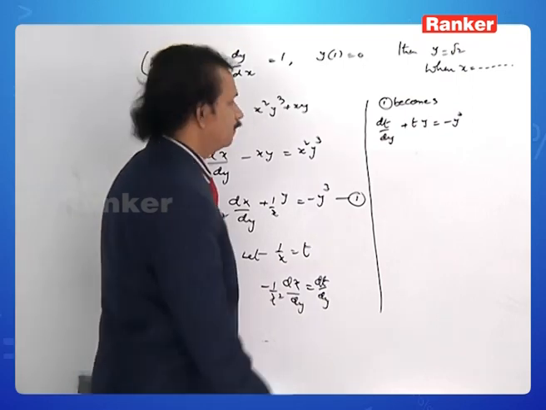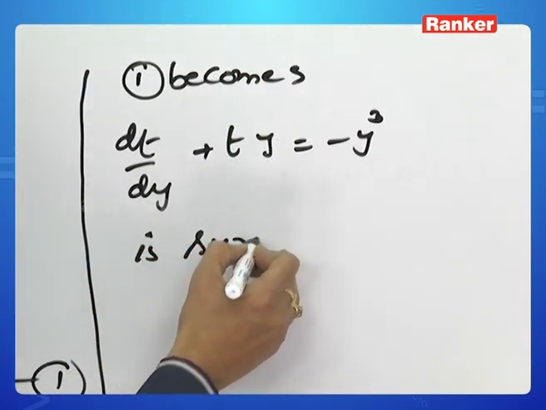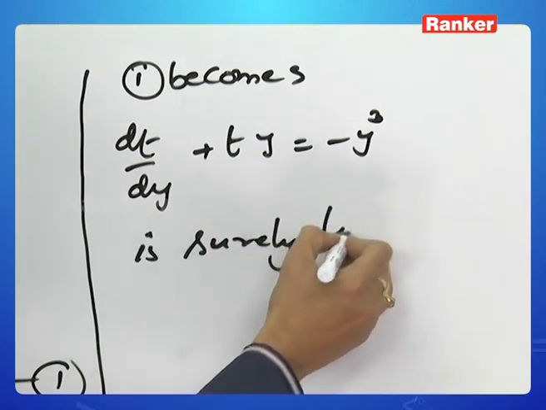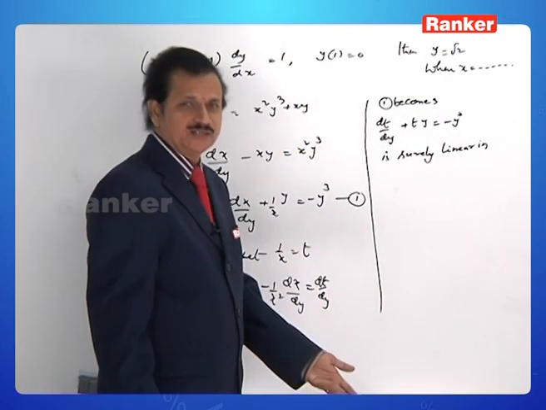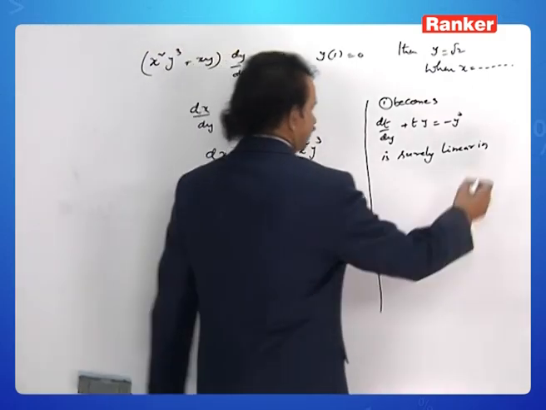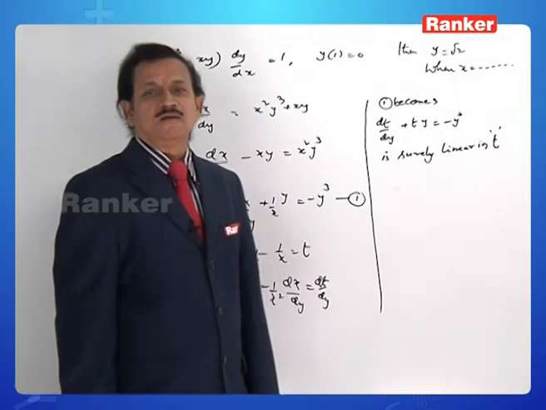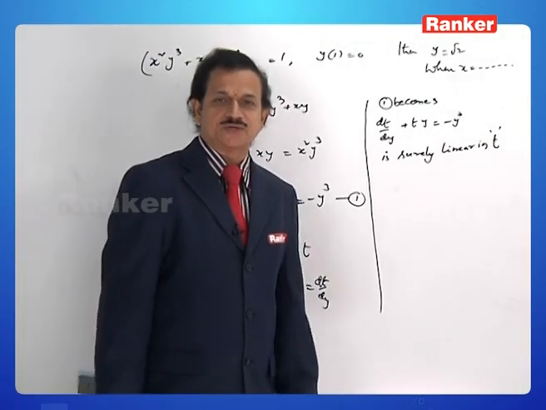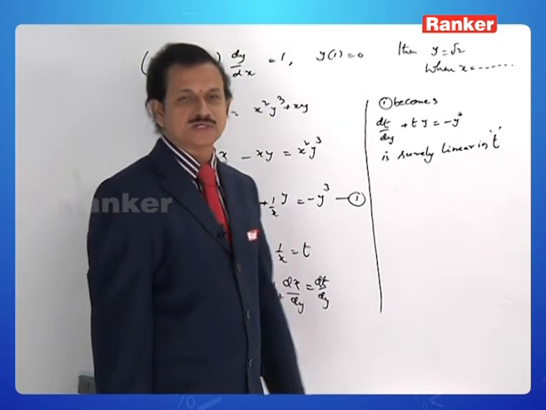Minus y cube is surely linear in y or t? t, because we have started with dt by dy in t. Well done. We continue to use the procedure that has been designed for linear equations.